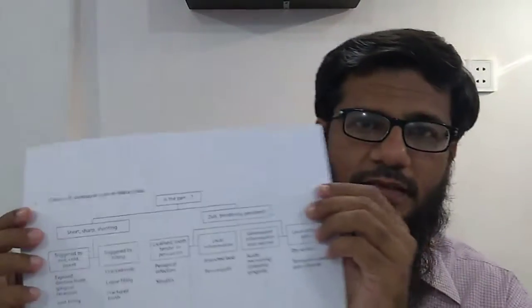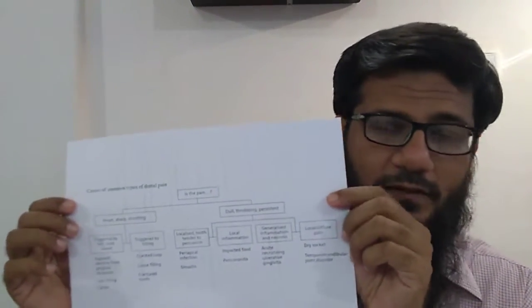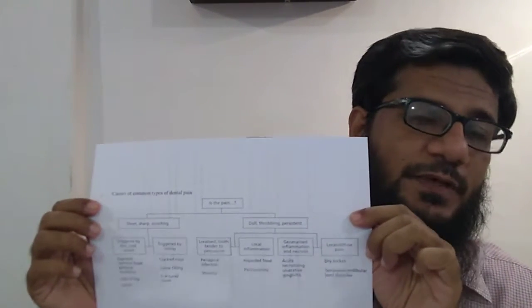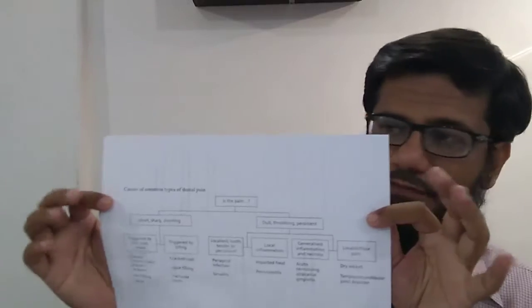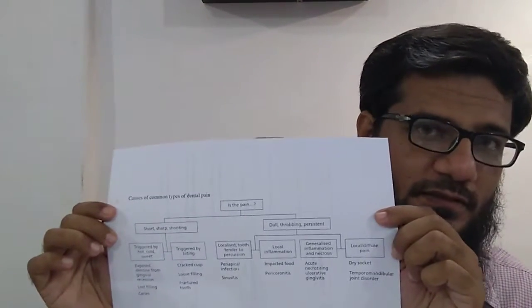For that, I will show you a chart. These are the types of dental pain which I'm going to be discussing in a while. When the patient says the pain is of dental origin, we must assess which one of these is the cause.